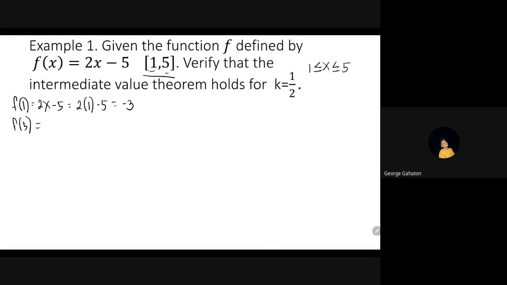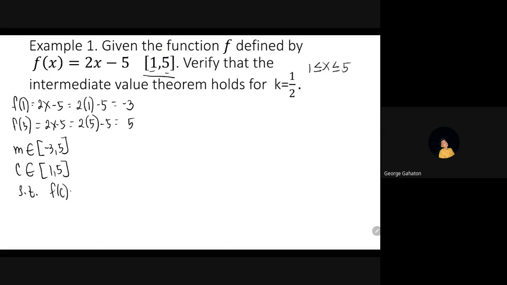When x is 5, then our f of x will be 2 times 5 minus 5. That will make it 5. So there is an m which is an element of [negative 3, 5] such that there is c, an element of [1, 5], such that f of c is equal to m. Yun ang ibig sabihin noong intermediate value theorem.